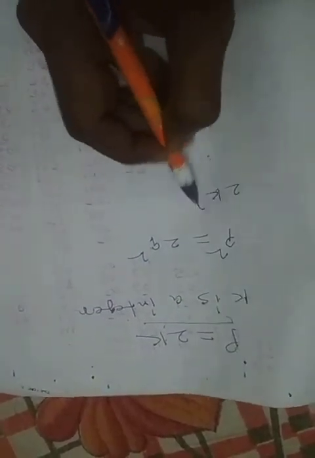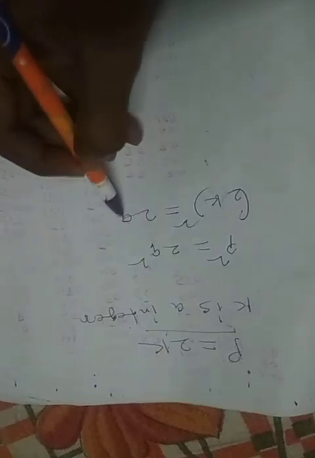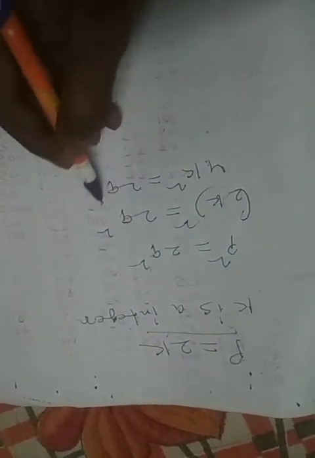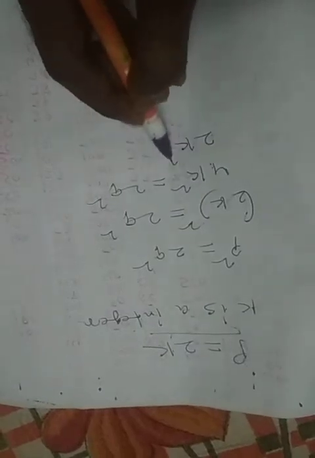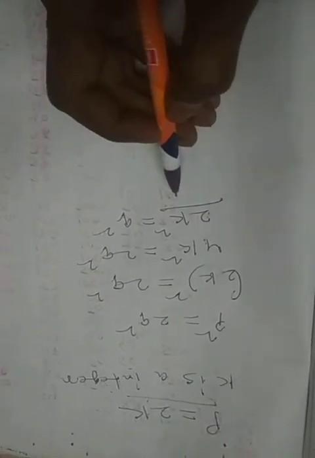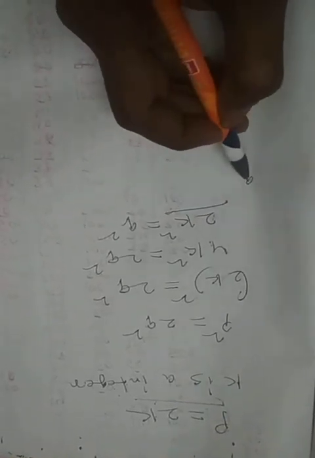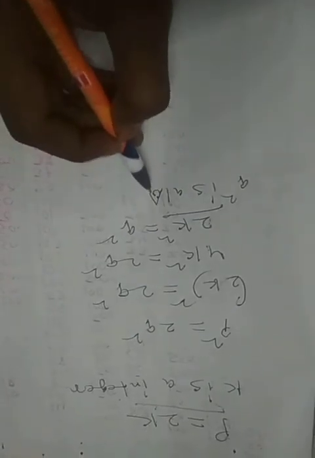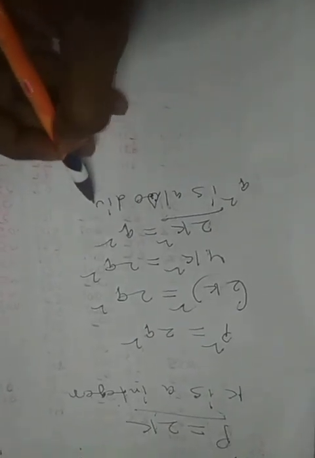Here I have got p equal to 2k, so I got 4k square equal to 2q square, or I got 2k square equal to q square. Here similarly, 2k square is divisible by 2, so q square is also divisible by 2.